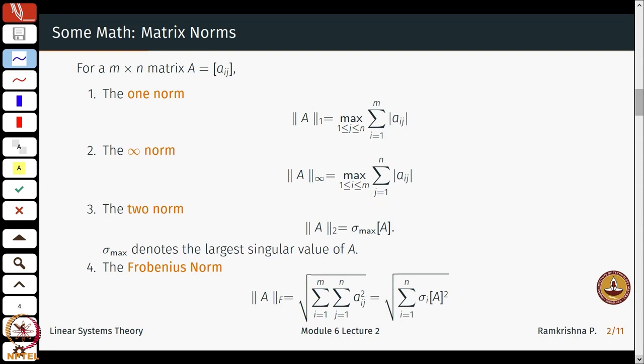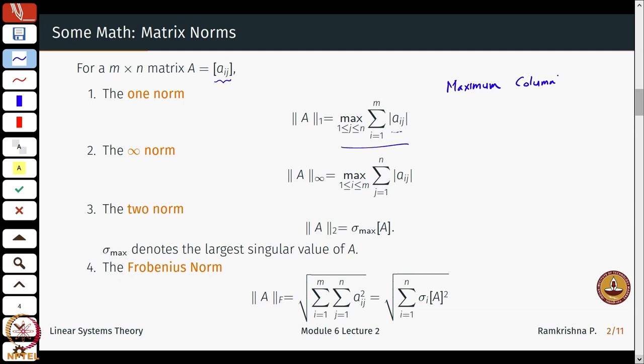So, for any m cross n matrix A, each element of A has the form a_ij. The one norm is defined in this way. I am looking at the summation over the columns, and I am looking at the maximum column sum of the matrix.